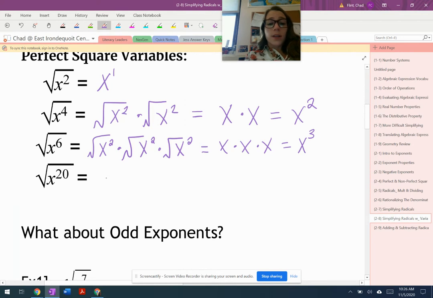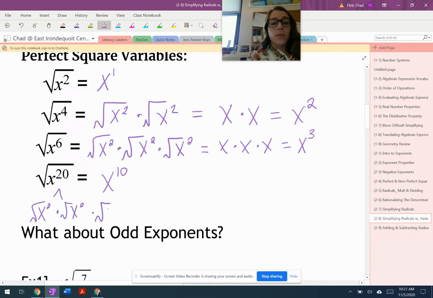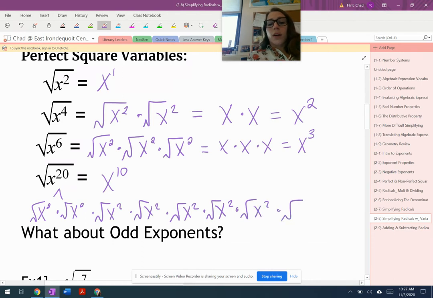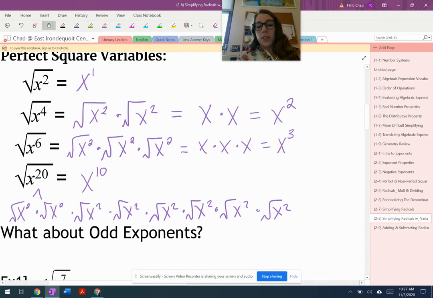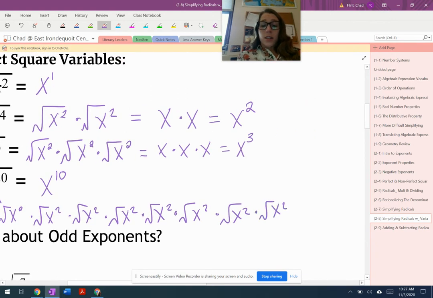So here I end up with x to the 10th, because I would split that up into the square root of x squared, times the square root of x squared, and so on, 2, 4, 6, 8, 10, 12, 14, 16, 17.